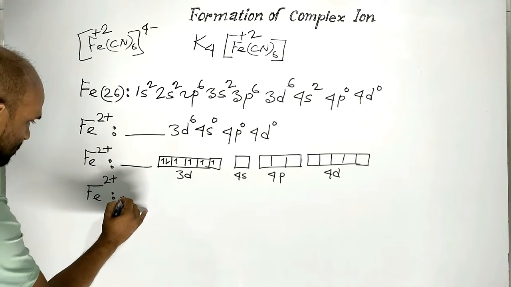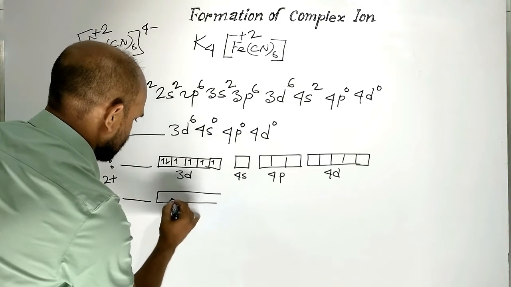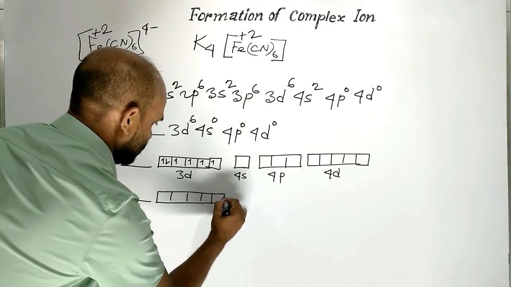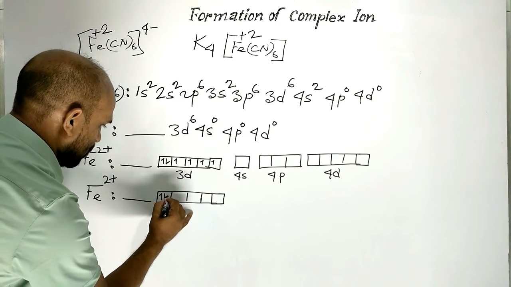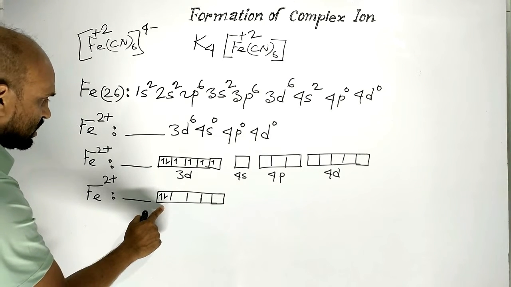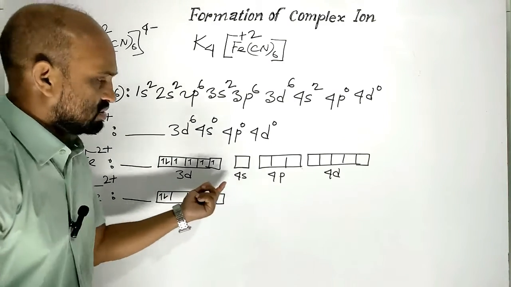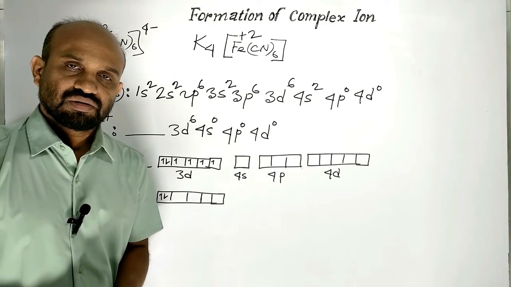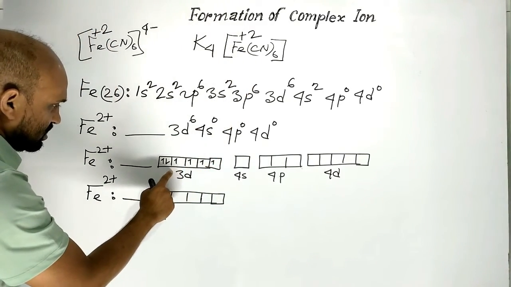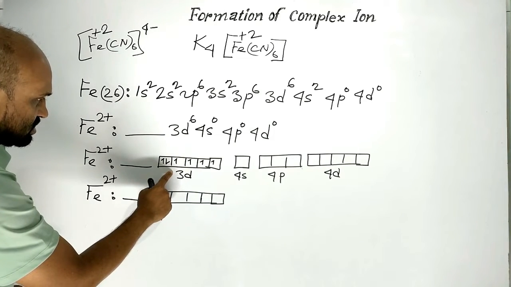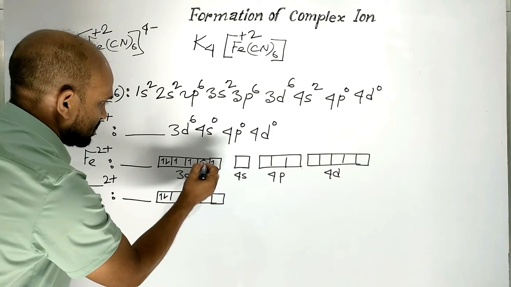Iron 2 plus ion. Here 3d orbitals, 1 2 3 4 5. First orbital contains one pair of electrons. To get stability, this is number 1, and number 2 is when ligands come closer to iron 2 plus ion, then another thing happens, that is these unpaired electrons get paired in this way.